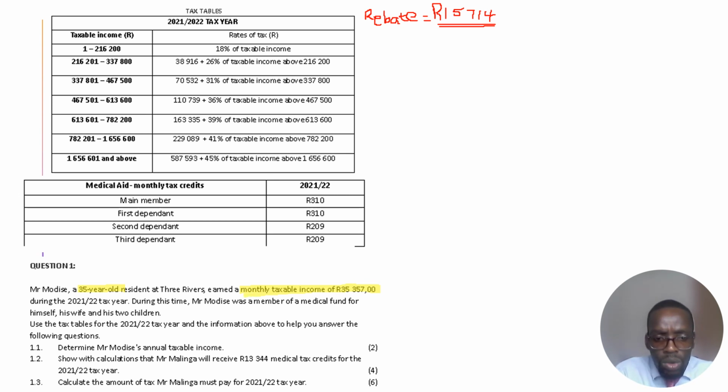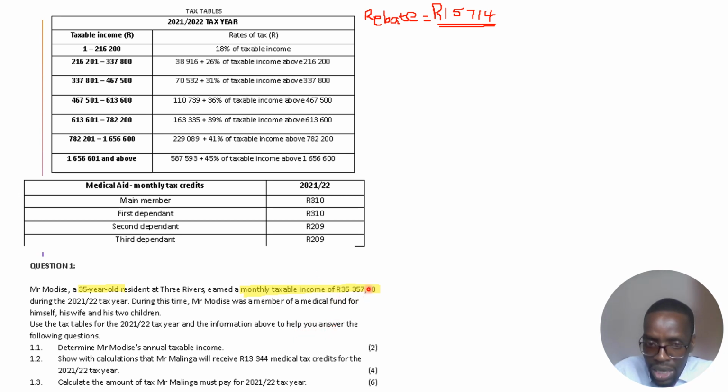What do we know about taxable income? We said taxable income is total gross income minus non-taxable deductions. So this amount that Mr. Modise is earning is an amount after the non-taxable deductions have already been subtracted.